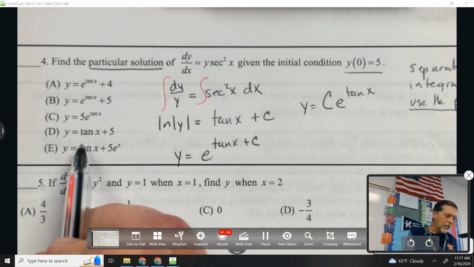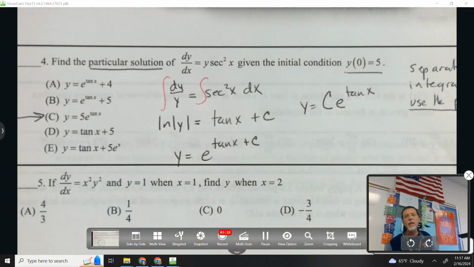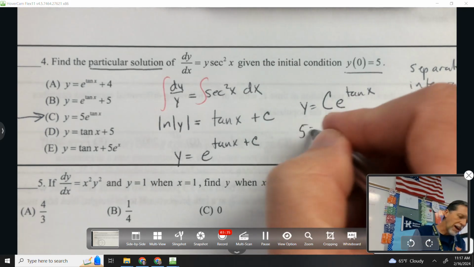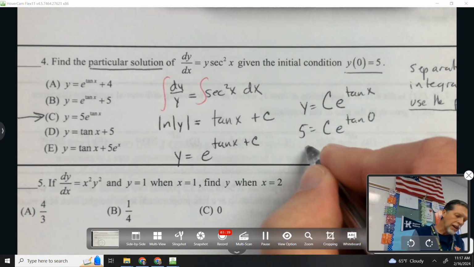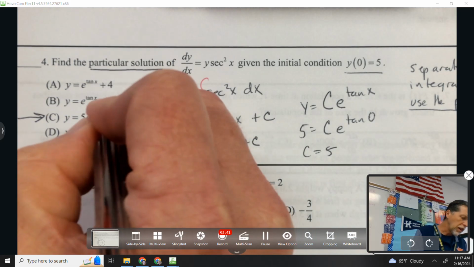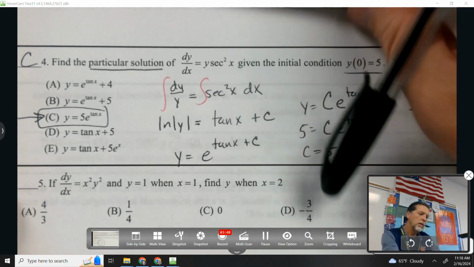Now, I look at my answer choices, and there's only one that matches that, so it's got to be c even before I plug in 0, 5. Officially, I should plug in 5 and see what I get, and I get c equals 5, so that confirms it. But again, answer choice C was the only one that fit the right format even.